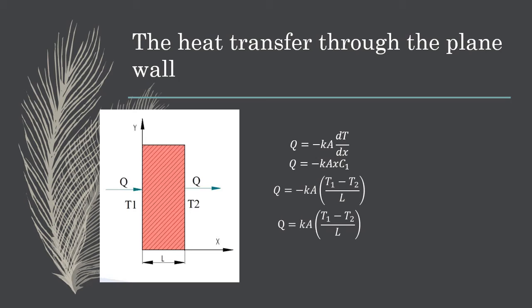Now Q is equal to minus KA, temperature difference is T1 minus T2 and the thickness of the wall is L. Therefore, we form the formula Q is equal to KA (T2 minus T1) by L. Here by mistake I wrote T1 minus T2, but the answer is T2 minus T1 by L.